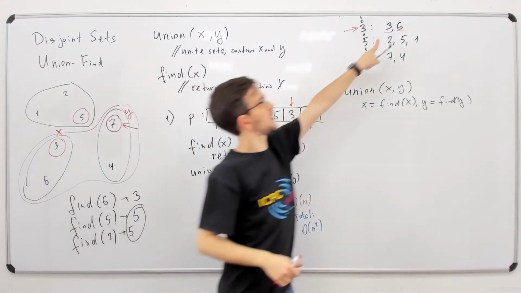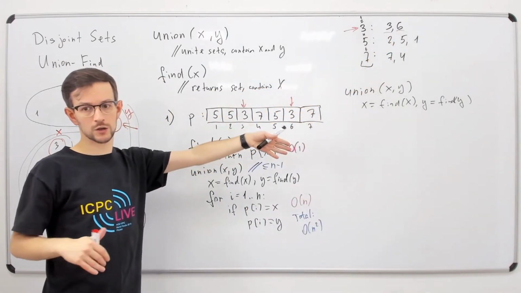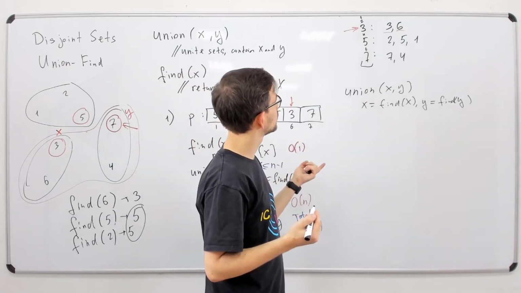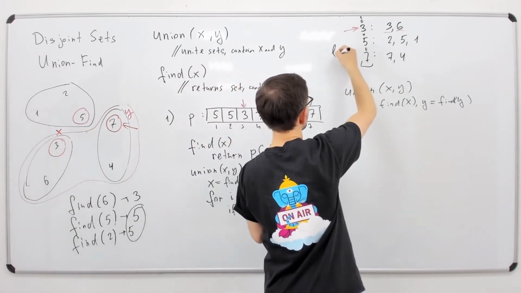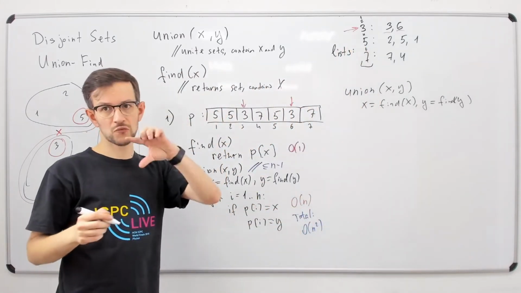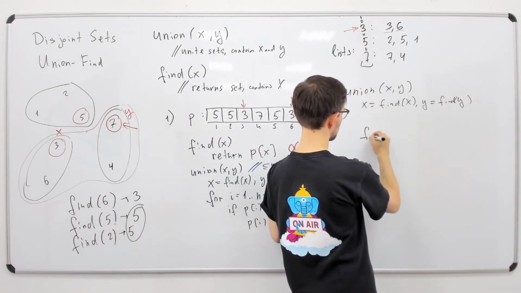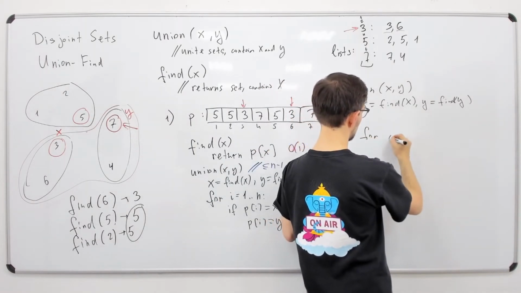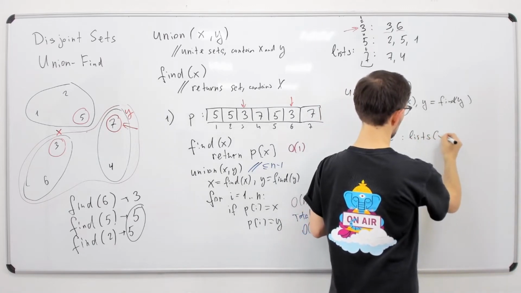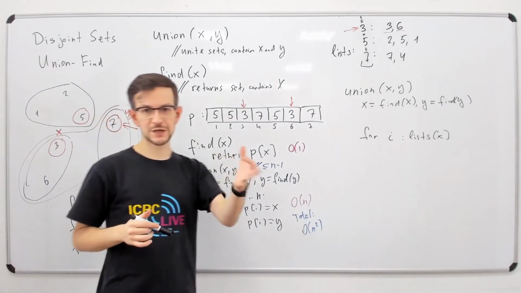So we take these elements, go to array P and change these values to Y. Again, what is the change?